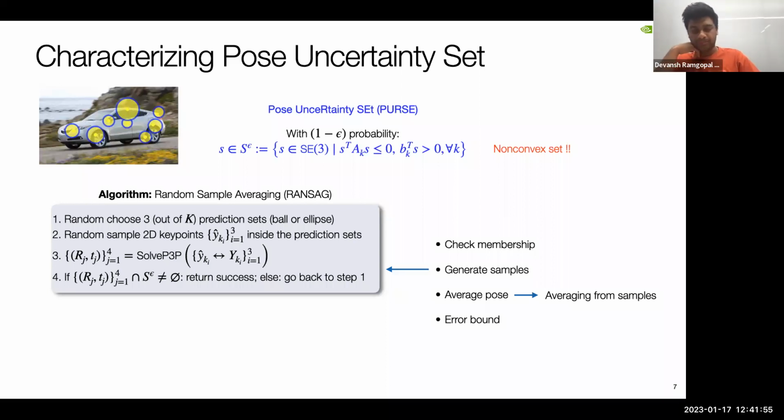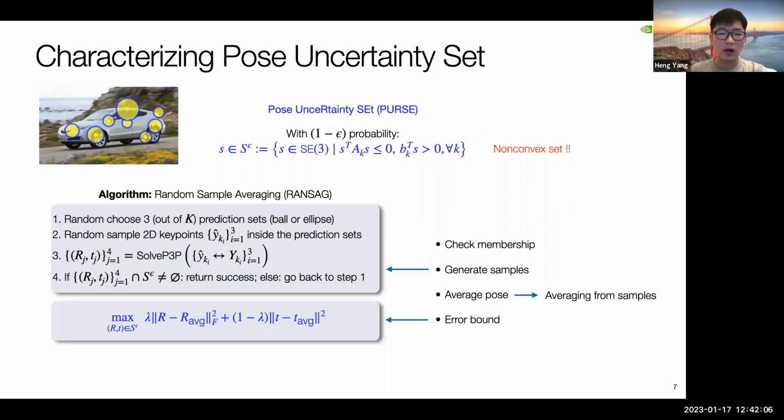Okay. So now we are interested in bounding the distance from the average pose, or actually any pose that you've estimated, right? Basically our goal is to solve this optimization problem. I have this purse, which is defined by a bunch of inequality constraints, or polynomial constraints, and I have my average pose here. My goal is to find the maximum distance from my average pose to my purse.